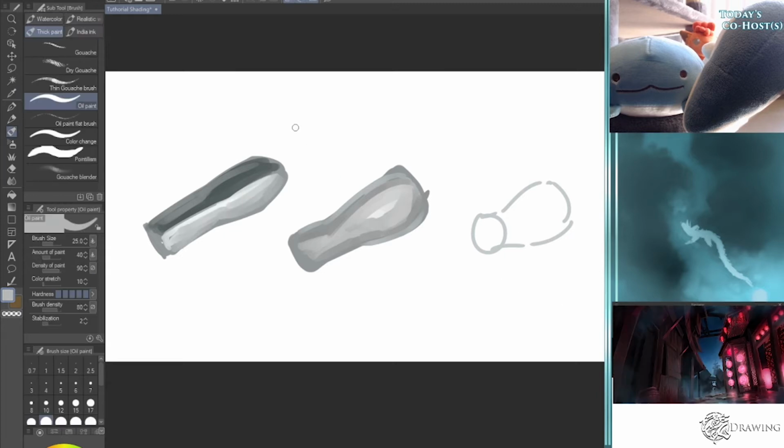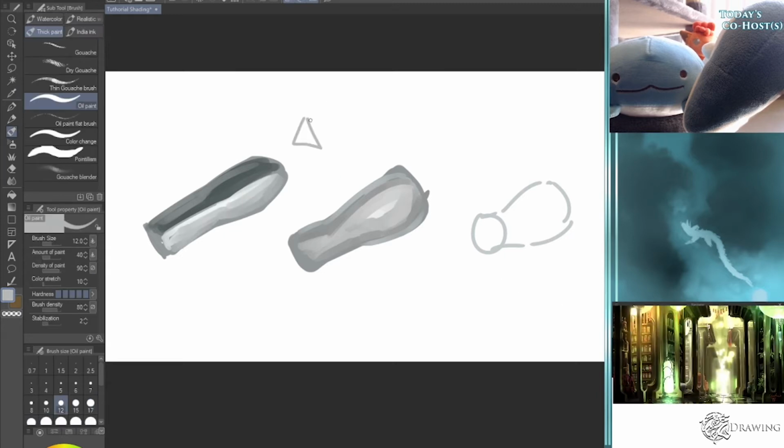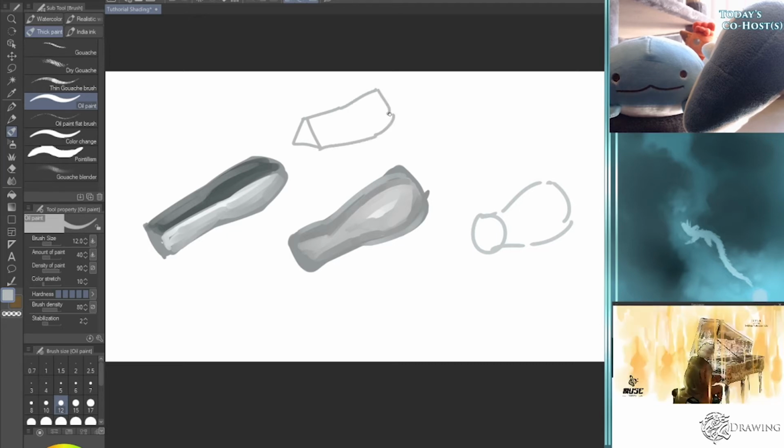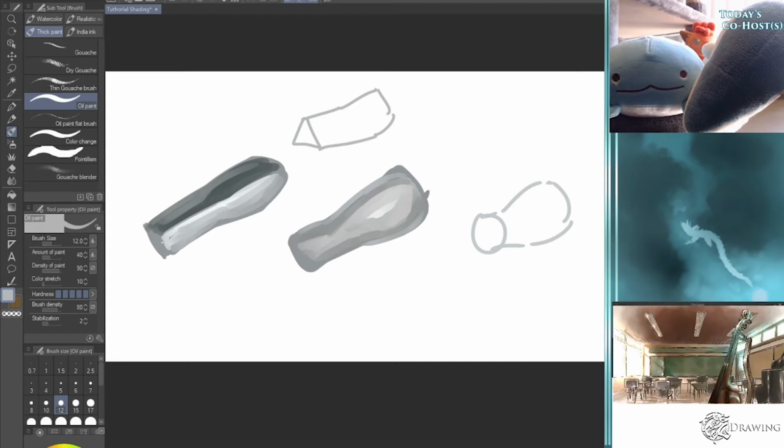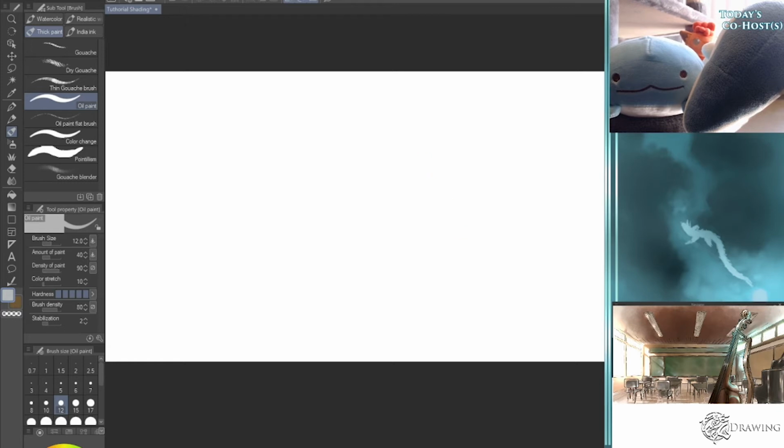And now you have an object that's like this. See how different that is? You might look at these and say, okay, I get it, shading changes the shape, but that's not what I'm saying exactly. I'm saying that if you don't know what the shape is, you can't shade it.